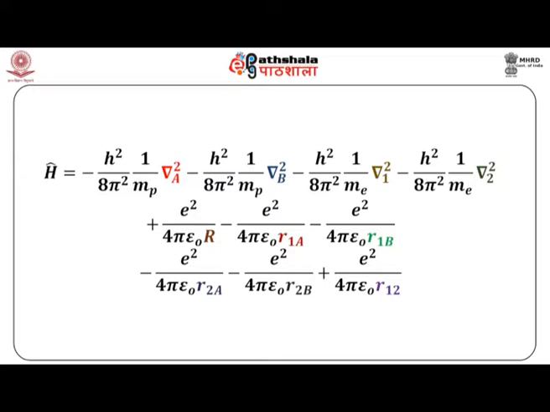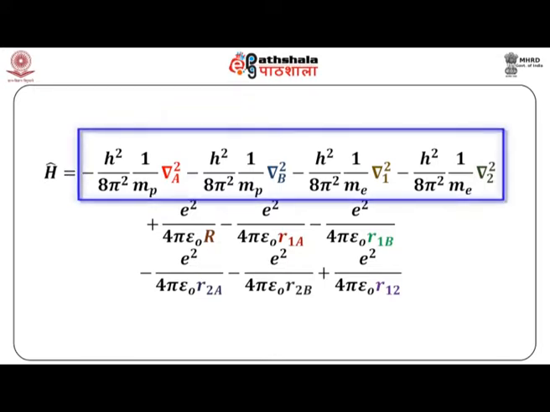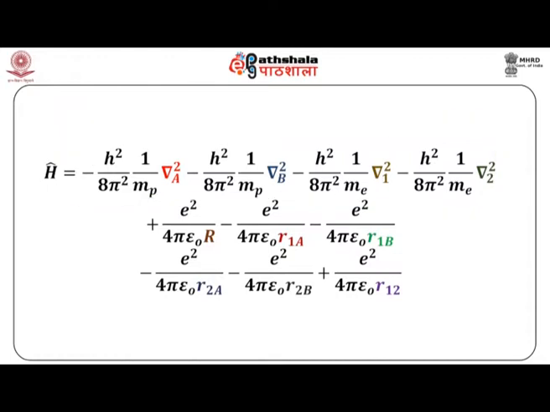Here del B represents the Laplacian operator for the nucleus B. Then we have the kinetic energy terms for the two electrons. First is minus h square upon 8 pi square me del 1 square, and the second is minus h square upon 8 pi square me del 2 square. So these first four are the kinetic energy terms.